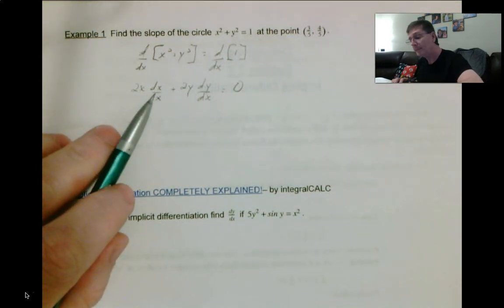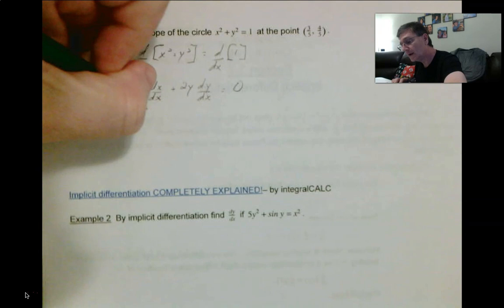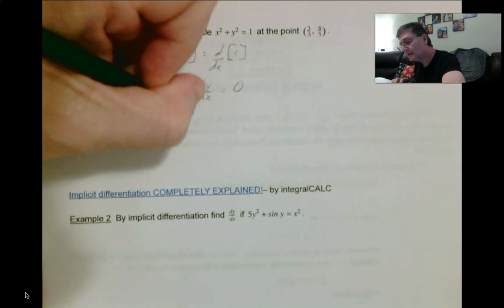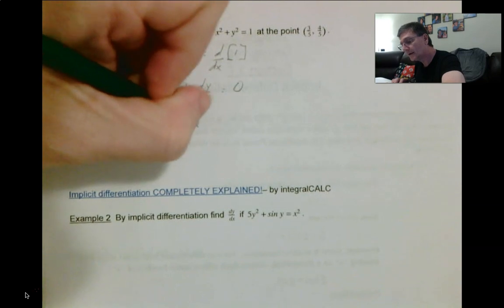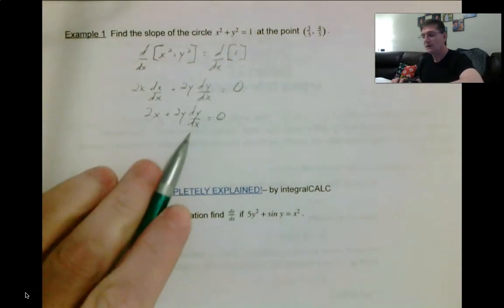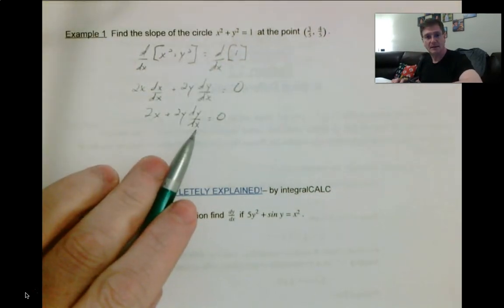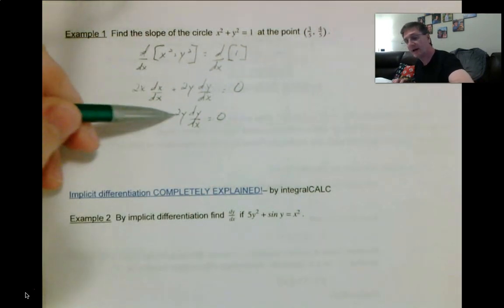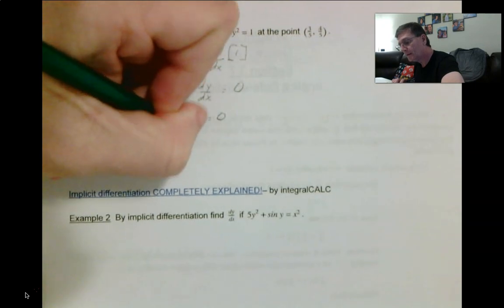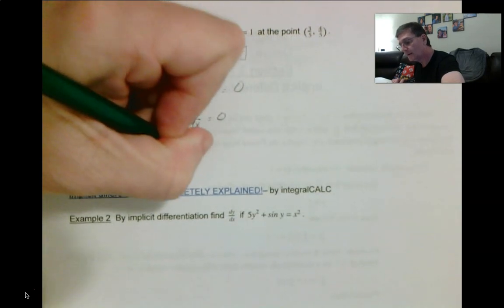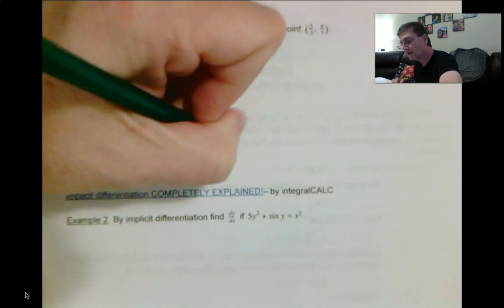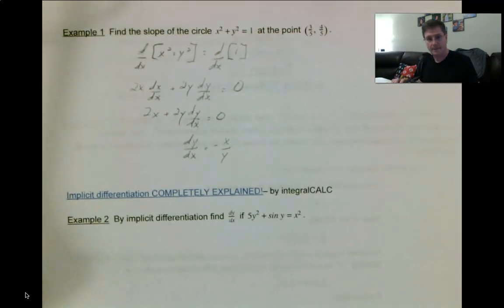This is just 1. So we have 2x plus 2y dy/dx equals 0. Solve for dy/dx: subtract 2x from both sides, divide by 2y, and dy/dx is equal to negative x over y.